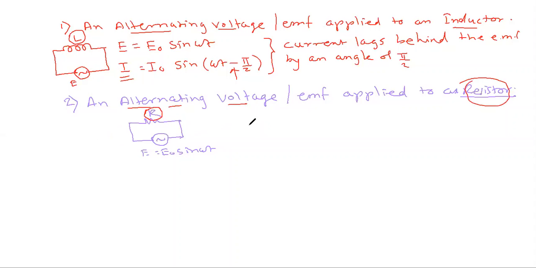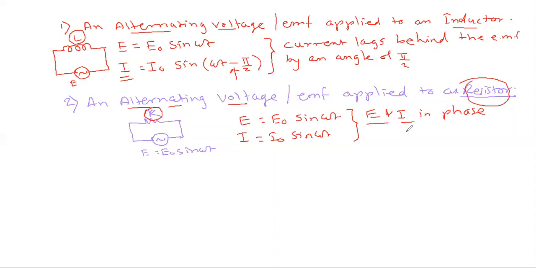So here you got the relation that E is equal to E naught sine of omega t and I is equal to I naught sine of omega t. That means current and EMF are in phase. There is no phase difference between these two.